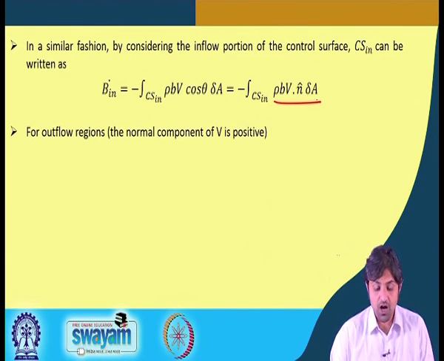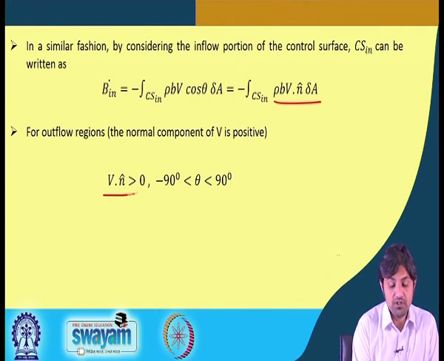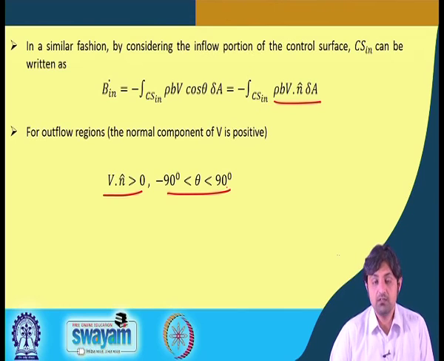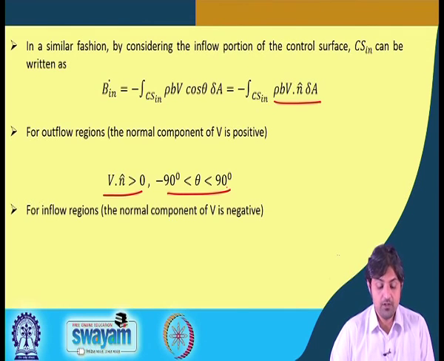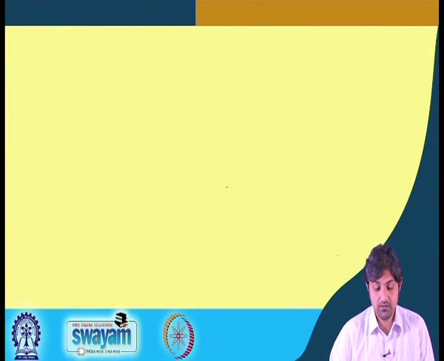So, for the outflow region, just remember V dot n is greater than 0 and theta is between minus 90 and 90 degrees. For the inflow region, the normal component of V is negative and for the outflow region it is positive. So V dot n is less than 0 and theta varies from 90 to 270.